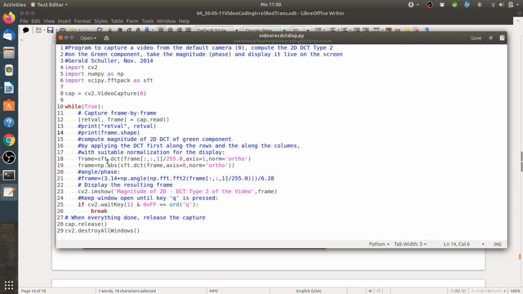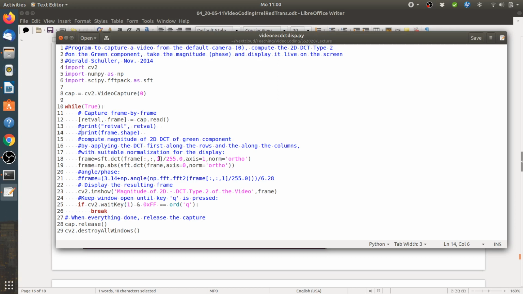So here is where we apply the DCT, right? So remember here, SciPy fftpack was imported as sft. So here we now have this library sft.dct. So now we apply the DCT to the red image. So here we have frame, and we take primary color 1, which means green.